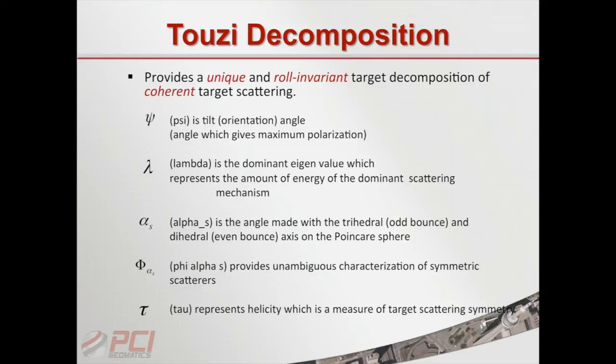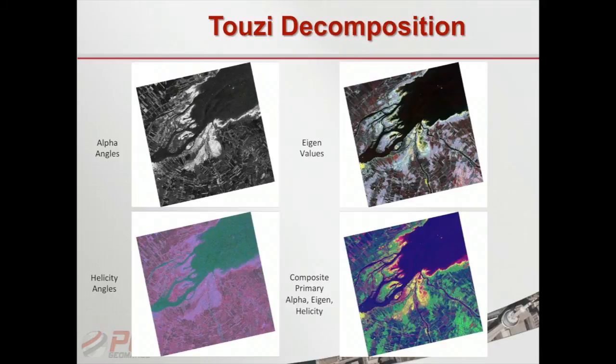Lambda is the strength of the dominant scatterer, alpha s, and phi alpha s are the complex values of the angle that it makes with that axis, that man-made axis that I was telling you about at the beginning when I showed those slides. And tau is that angle that is in the latitude direction of the sphere. So basically, you come up with these 5 parameters, and they give you a very good idea of the scattering type of the target.